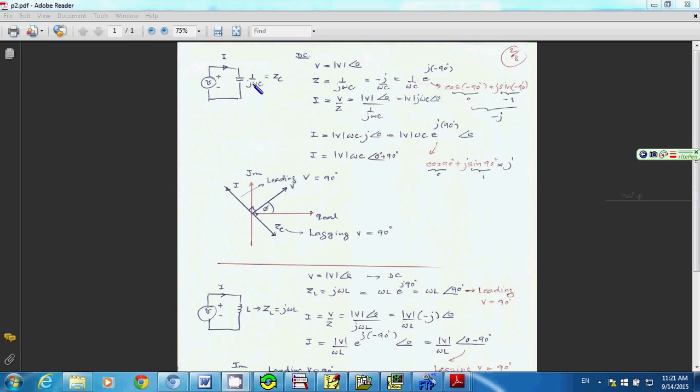Okay, for the capacitor, you know that the impedance becomes 1 over j omega C, and I start with the DC voltage source.